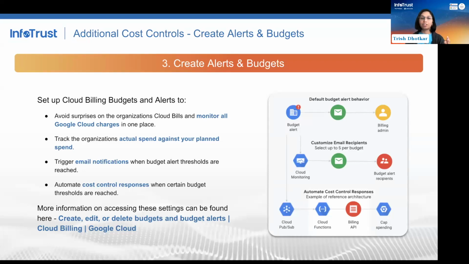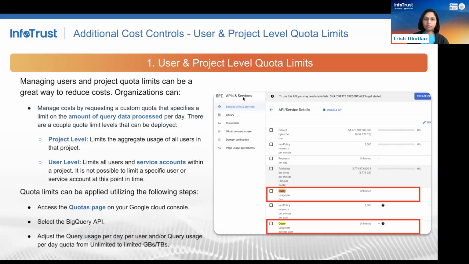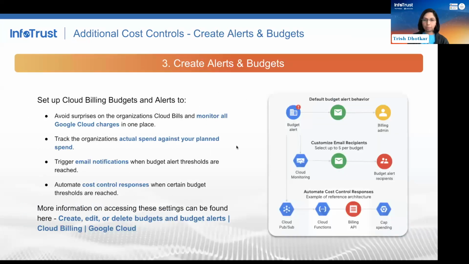For example, if you have a budget set for a month, and you are using 50% of the budget within the first 2 days, you can have automated responses to your team, so that you can decide whether to increase that budget or optimize some of your queries. So these are pretty useful. These are things that you can definitely implement on your GCP.